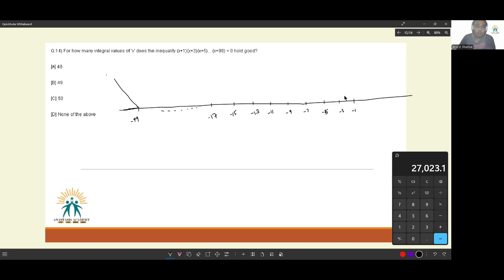If I take the value of x greater than -1, then every bracket will be positive. So our graph will be like this. At precisely x equal to -1, this entire thing would be equal to 0. Now, if I take the value of x somewhere between -1 and -3, this bracket will be negative, the rest will be positive, so overall the net result will be negative.